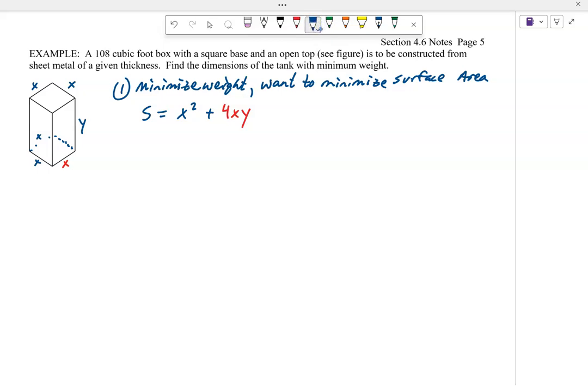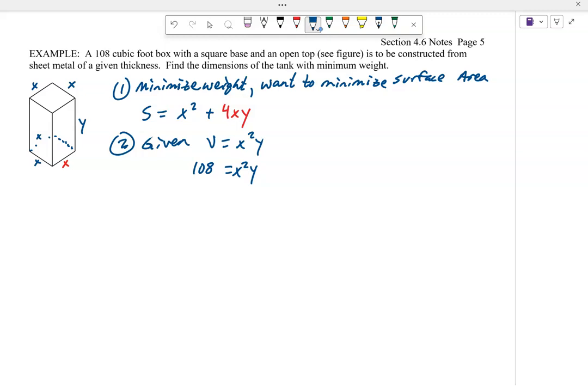Now, that's what we're trying to minimize. We're given this volume. You see the 108 cubic feet box? So our volume here is x squared times that height y. It's given as 108 cubic feet.